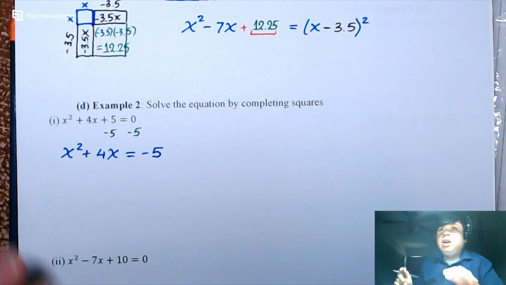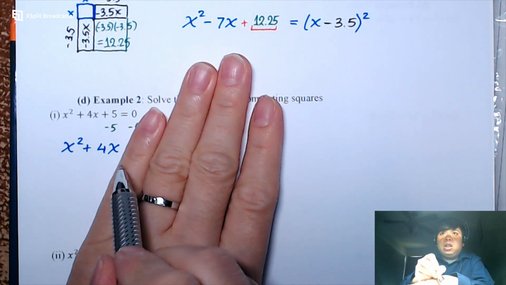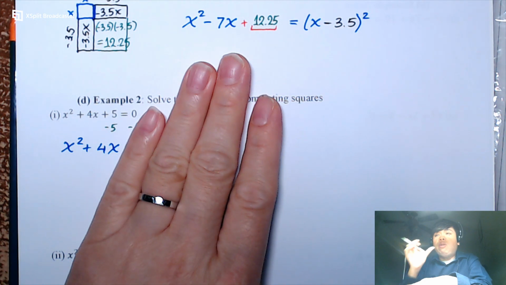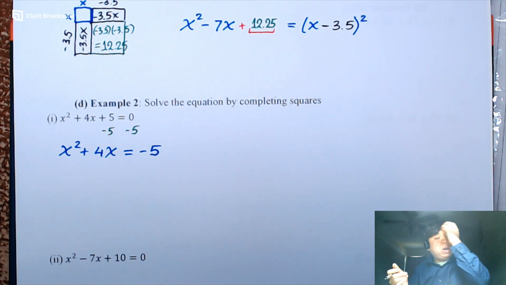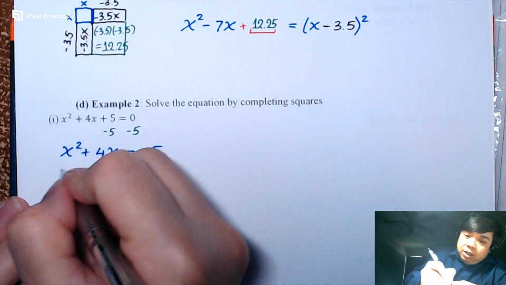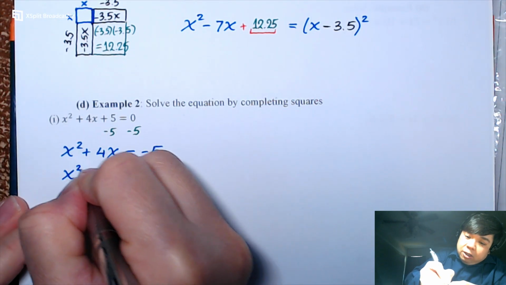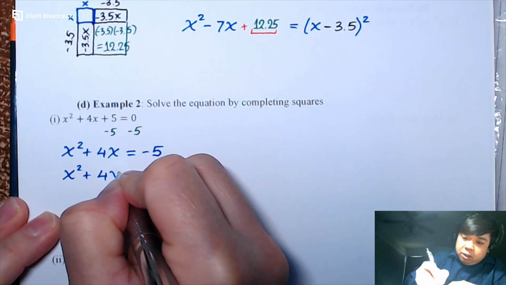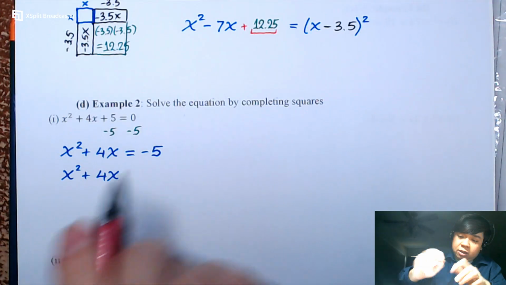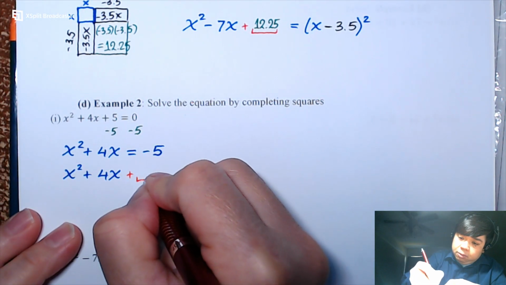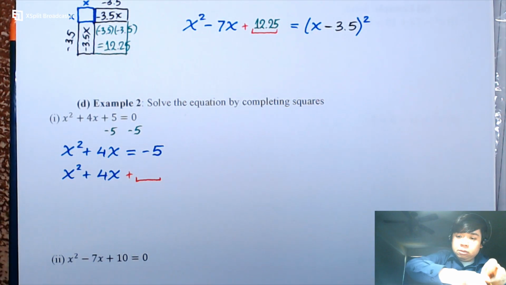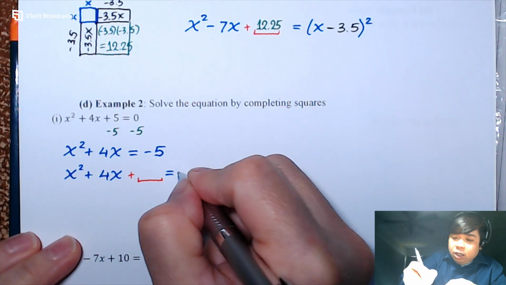Alright. So now we will add something to it to make a square. We start from two terms, add something to make a square. Okay. So x squared plus 4x plus something equal to negative 5 plus something.